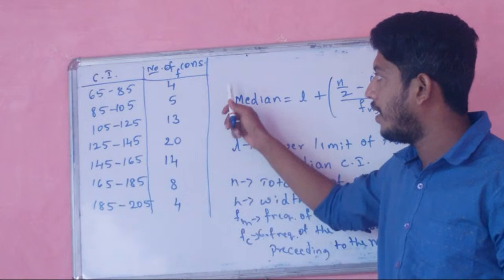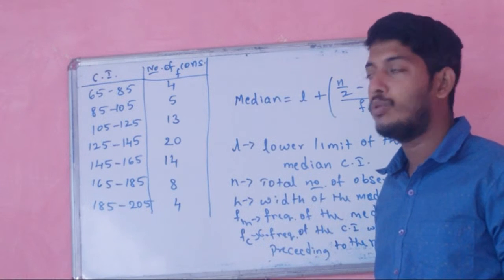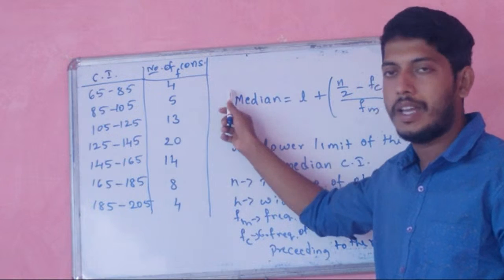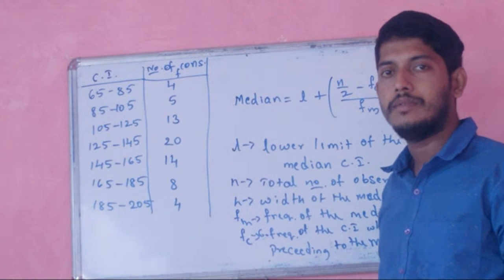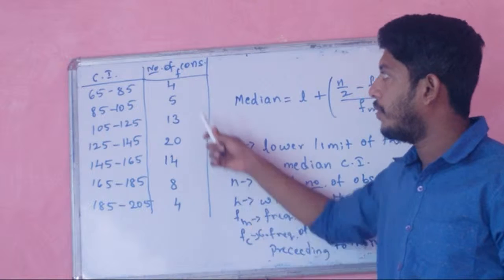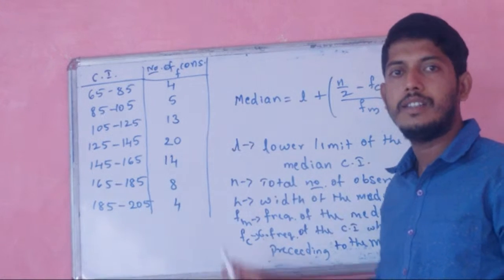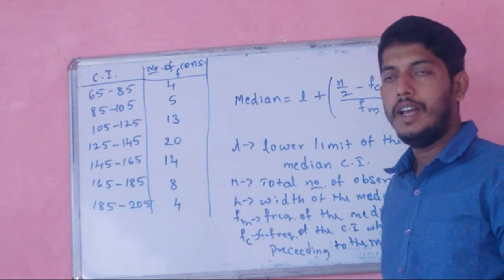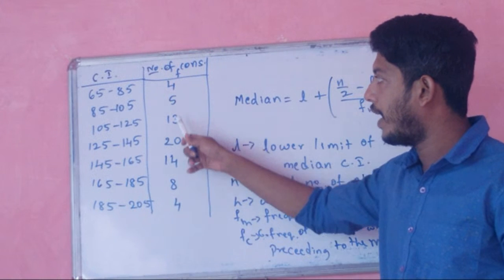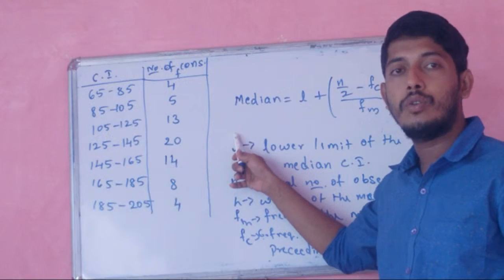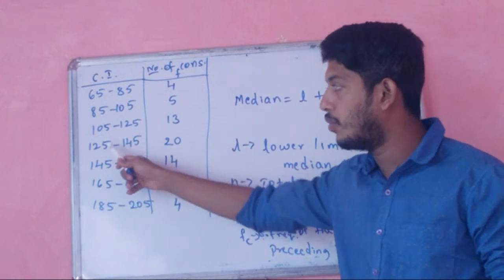For the second, we add 4 and 5, which gives 9. In the third step, we add 4, 5 and 13, which gives the next value. In the next step, we add 4, 5, 13, 20, which gives the cumulative frequency of the class interval 125 to 145.